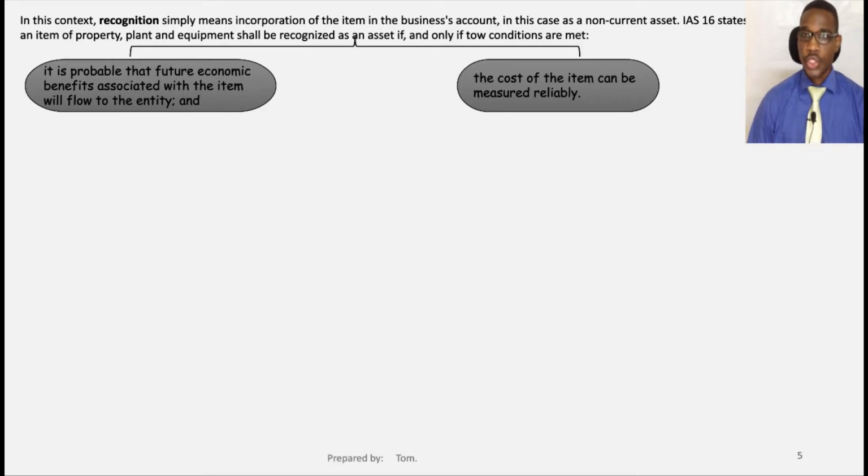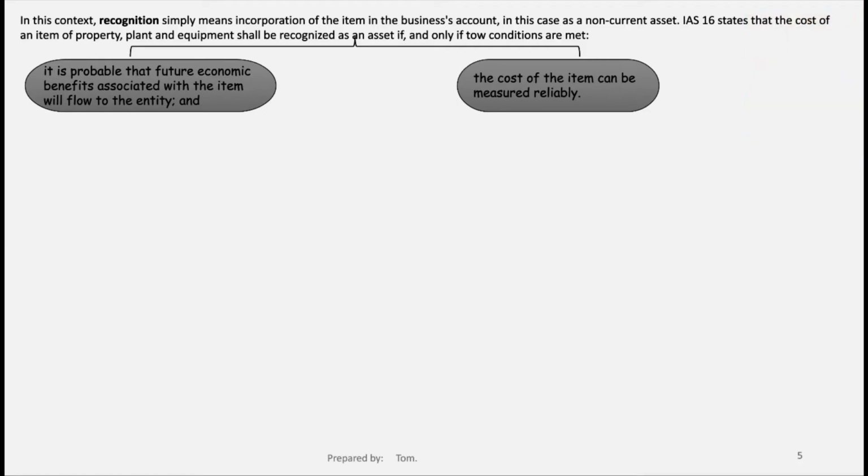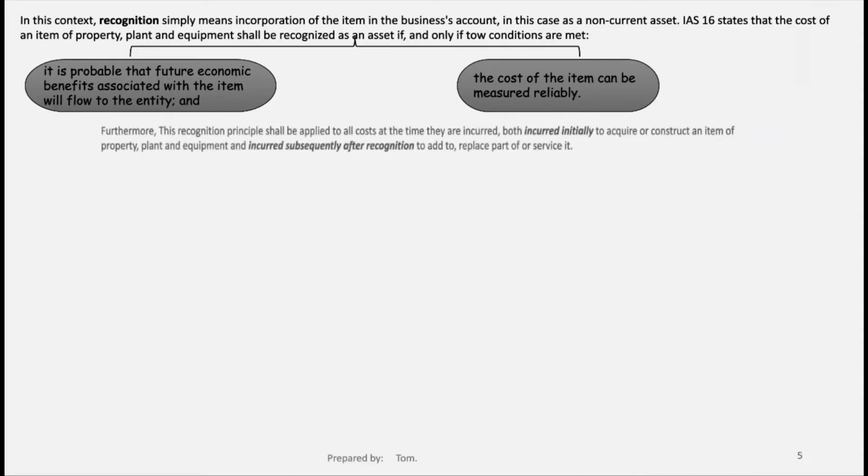It means you should know how much you paid to acquire that item. If you fail to measure the cost, it is very difficult to say we have an item of property, plant, and equipment.